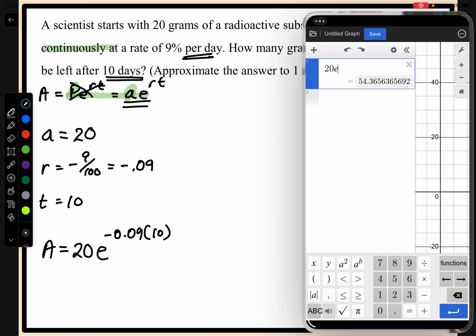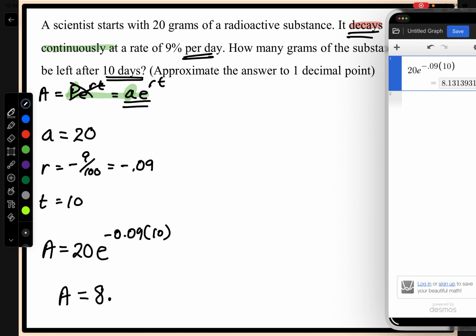We need the exponent. There we go. We didn't type in the exponent, 0.09 times 10. That's going to be 8. So the amount of this radioactive substance is going to decrease all the way down to 8 point something. We want to approximate to 1 decimal place.